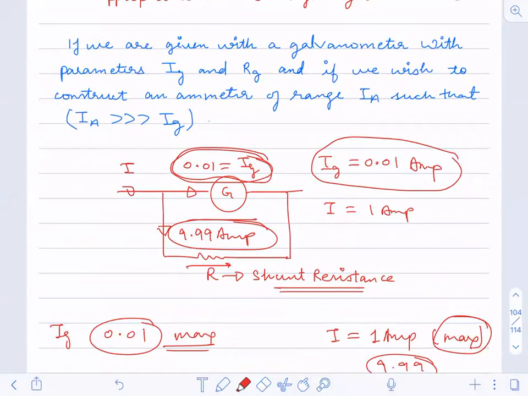If you have a small resistance of appropriate value, then only it will absorb a current of 9.99. Otherwise, it will absorb a different current. Understood? We will do a numerical on this after this, and then you will understand it better.